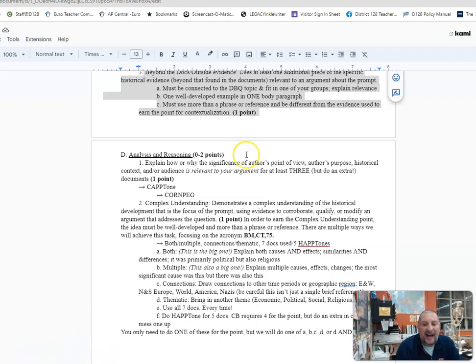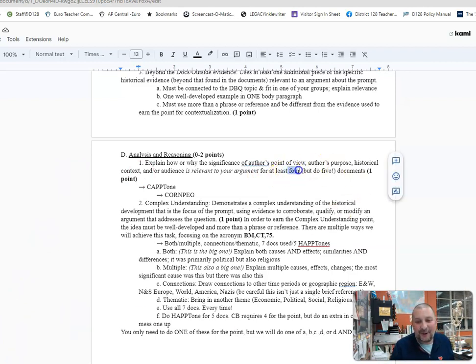You're going to explain how or why the author's point of view, author's purpose, historical context, and audience is relevant to your argument for at least 4 of the documents. But we're going to say do 5. The reason we say 5 is because if you only do 4 and you mess one up, then you won't get the point that you're looking for. So 5 of the 7 documents.